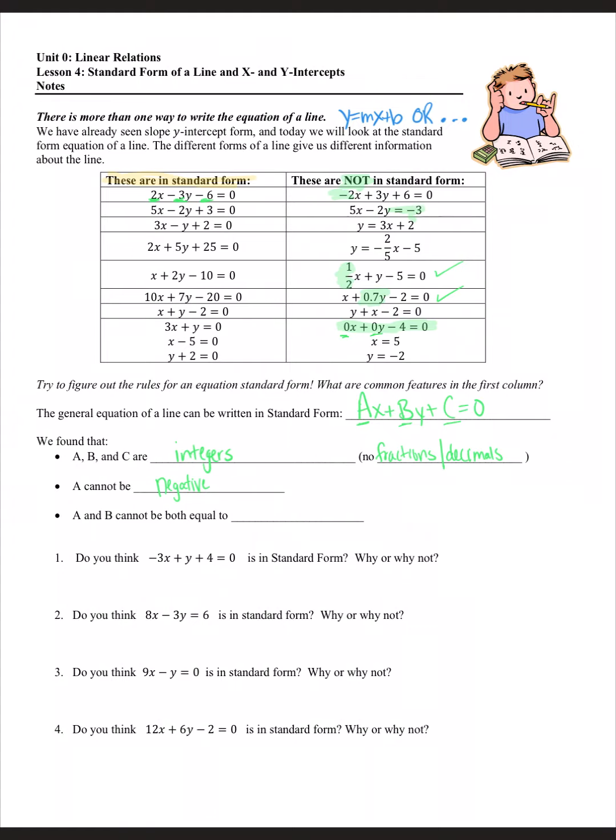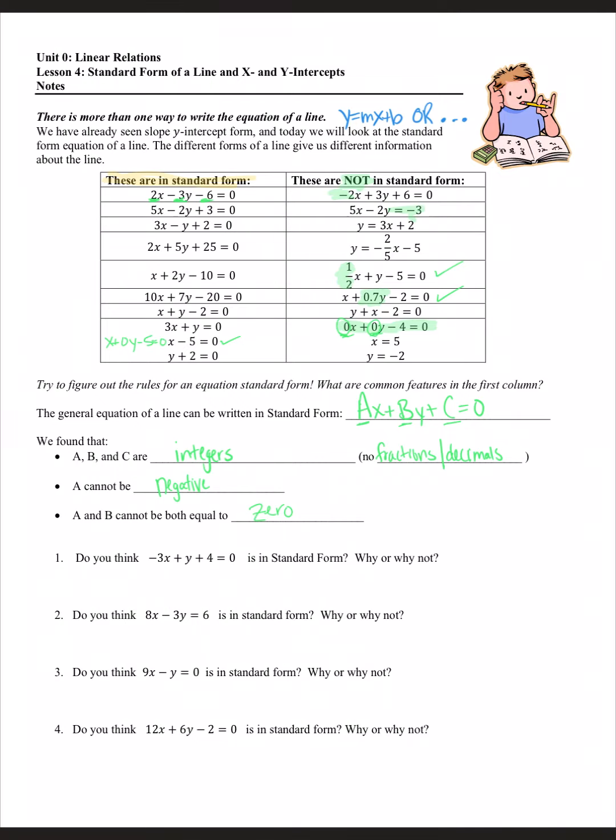And the last one, A and B cannot both be equal to 0. So you can see here, we had A and B were both 0, okay? Can't be so. If you look over on the ones that were correct, for example, let's look at this one. We could write that out as x plus 0y minus 5 equals 0, right?